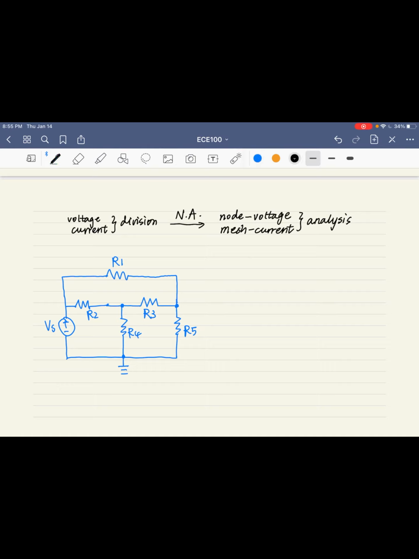So can you find any resistances in parallel? The answer is no. And can you find resistances in series? The answer is no either. So now we have to ask for help. Let's go to node voltage first.